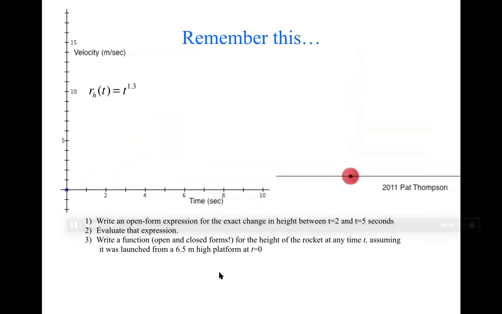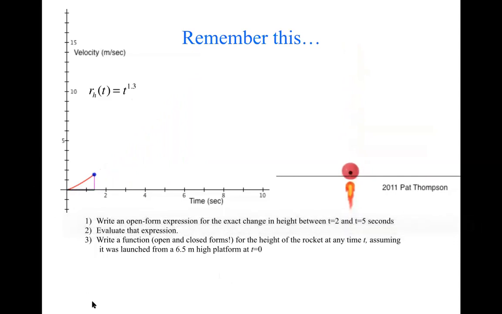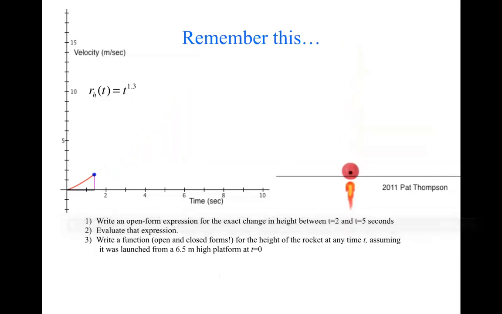As for this question 3, I believe this is kind of where we left off. And so it asks to write a function, open and closed forms both. If this will ever go away. For the height of the rocket, assuming it was launched from a 6.5 meter high platform.